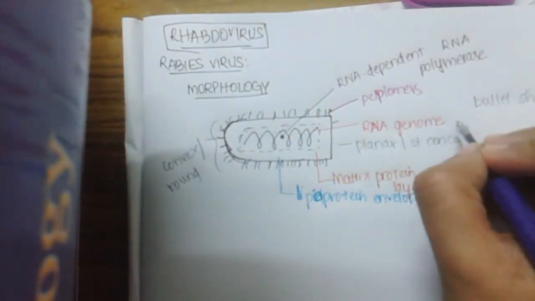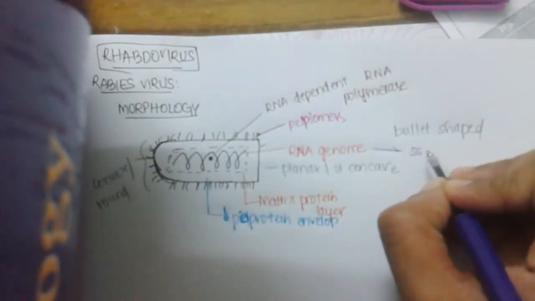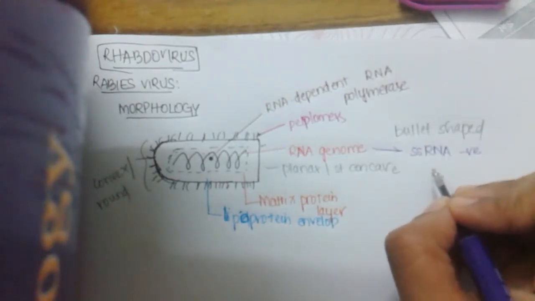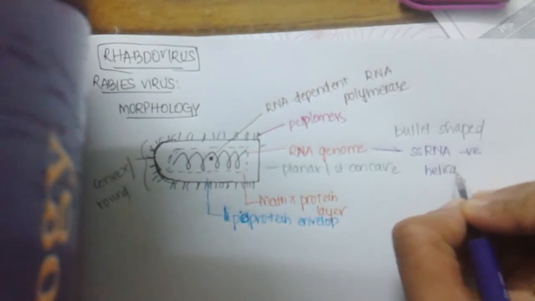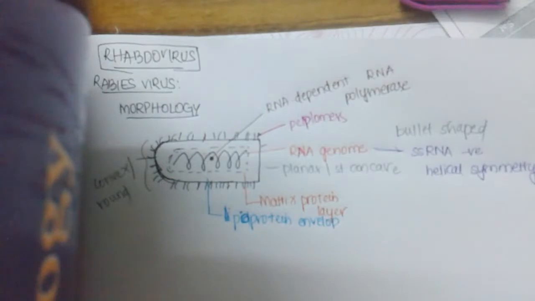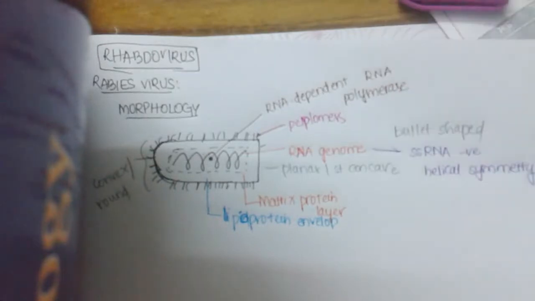This RNA genome is single stranded RNA, that is negative sense strand, and it has helical symmetry. You can see it is like a helix, right? And this is covered by an envelope which is matrix protein layer. Beneath this matrix protein layer there is lipoprotein envelope, and on the lipoprotein envelope there are many peplomers. This is the morphology of rabies virus, which is really very simple.